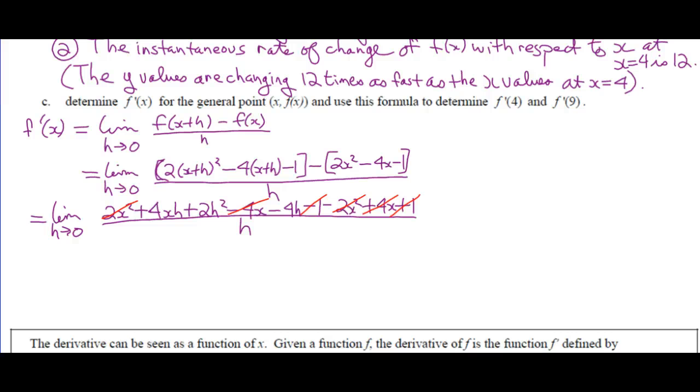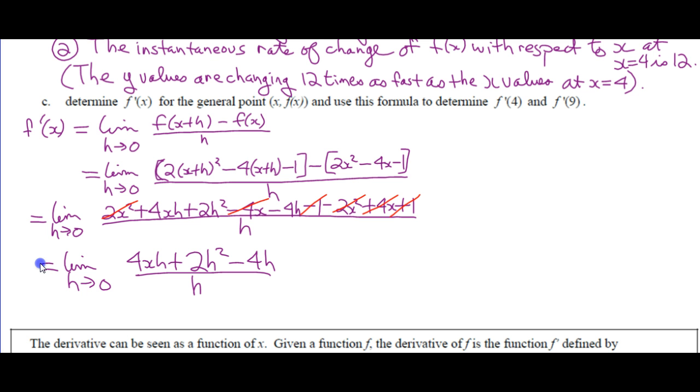Okay, so is that it for canceling stuff? Okay, so the limit as h approaches 0. So what's left? We got 4xh plus 2h squared minus 4h over h.